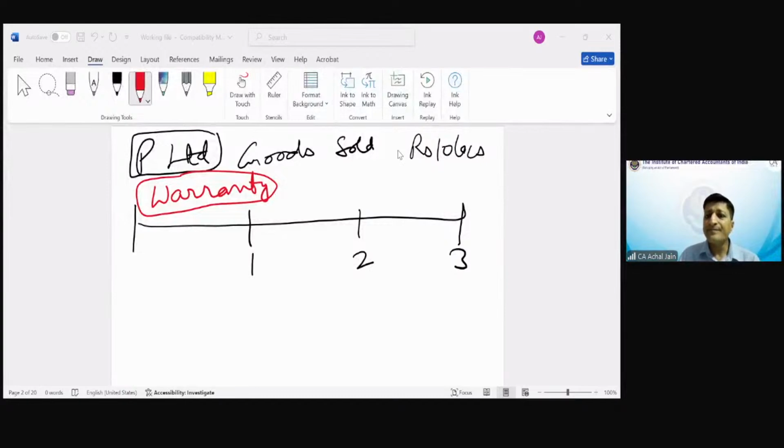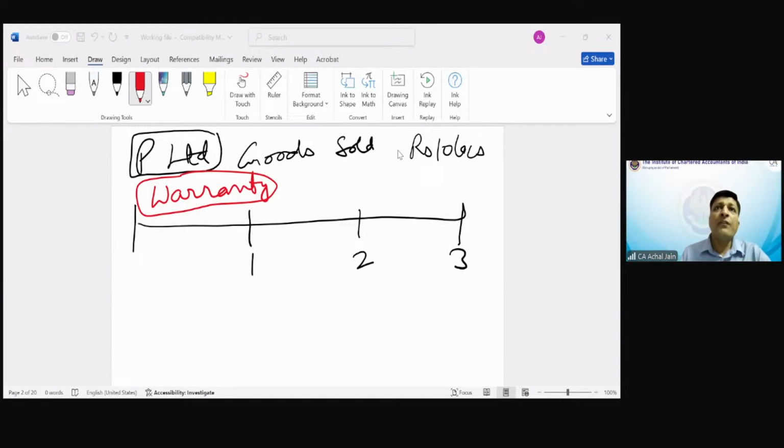Over to you quickly. Anyone? Rowan says obligation will be in respect of repair work. Nidhi says that's the warranty. Okay. So of course warranty is there, but warranty will require some repair work. Correct. So let's understand these two.